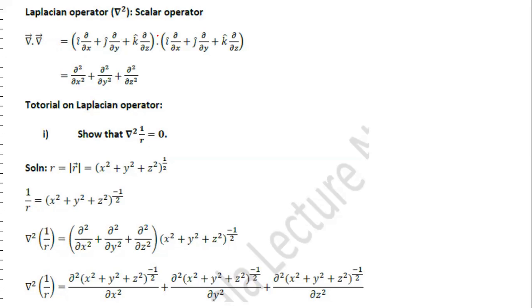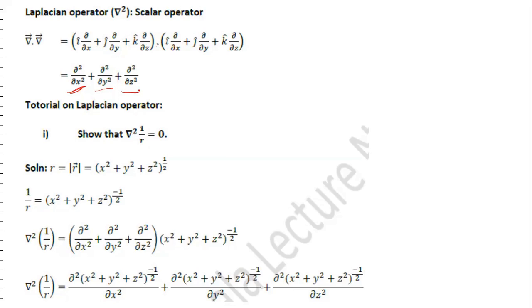When you perform a dot product, the resultant is a scalar operator. So i cap dot i cap is 1, therefore you have del square upon del x square as the first term. i dot j cap is 0. i dot k cap is 0. And now j dot i is 0. j dot j is 1, therefore del square upon del y square, and similarly del square upon del z square.